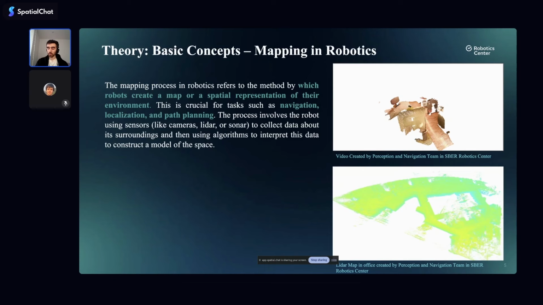This helped robots navigate the environment without touching any static or dynamic objects, maybe. In general, mapping is simply building a 3D map of the environment so that the robot can work in it. And in robotics this usually has a solution like SLAM or structure from motion or some kind of odometry fusion between sensors.